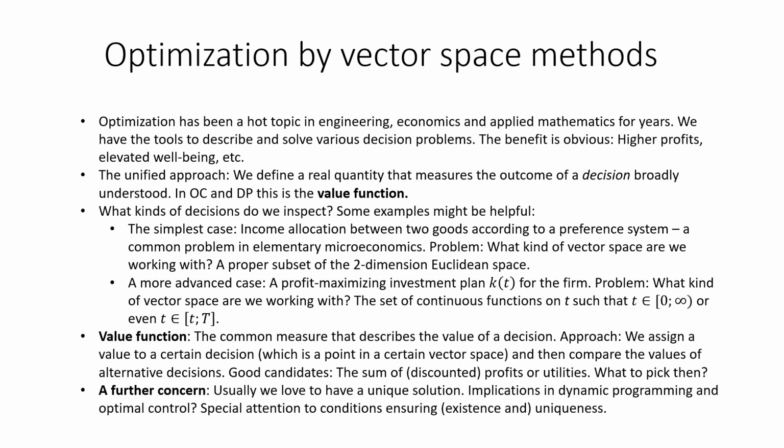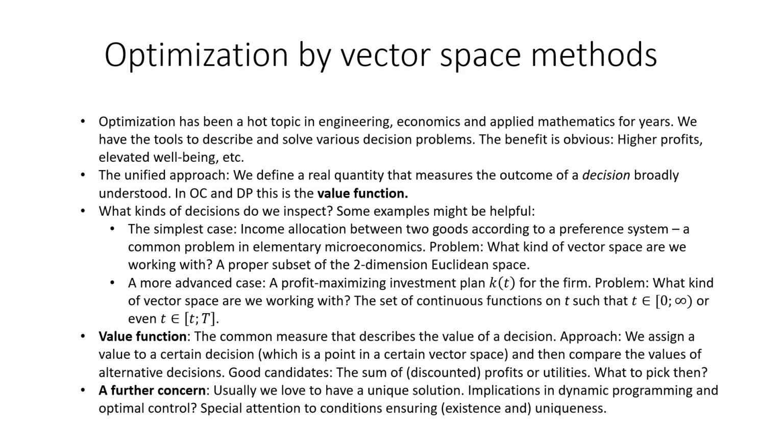So by the utility function, we can assign a utility to any possible decision, and we can compare the alternative decisions by this value function. To find the solution to this problem, we need to find that point in the two-dimensional Euclidean space that gives the agent the highest utility.